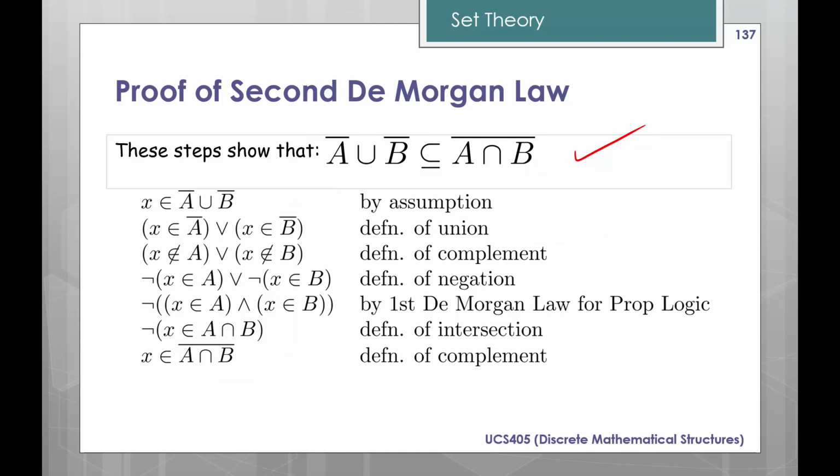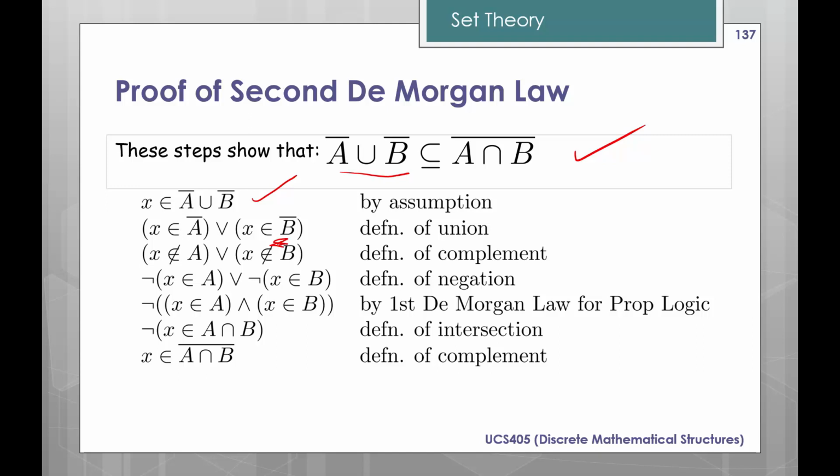Moving further, now we assume X belongs to A bar union B bar. By the definition of union, X belongs to A bar or X belongs to B bar.